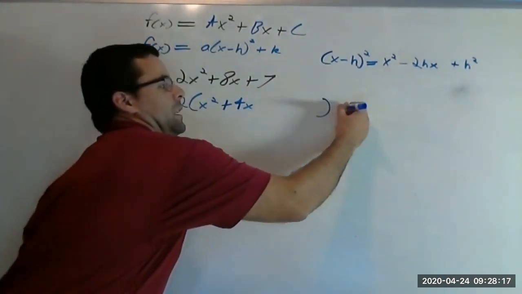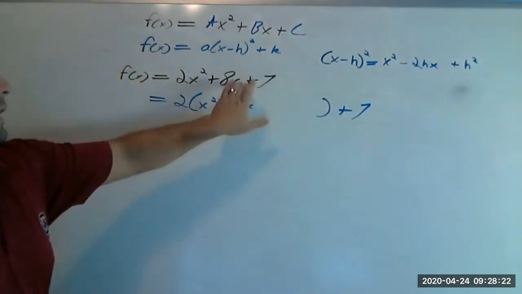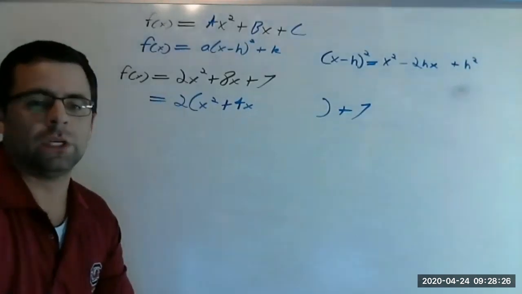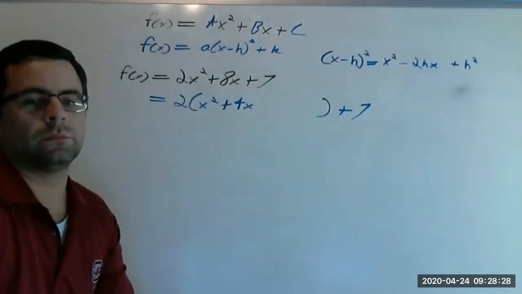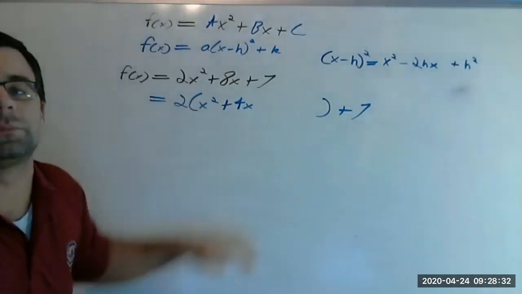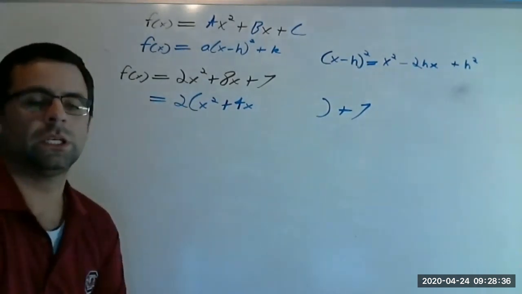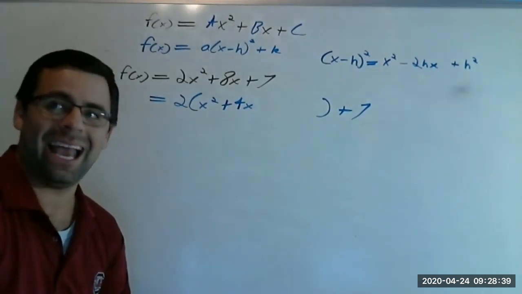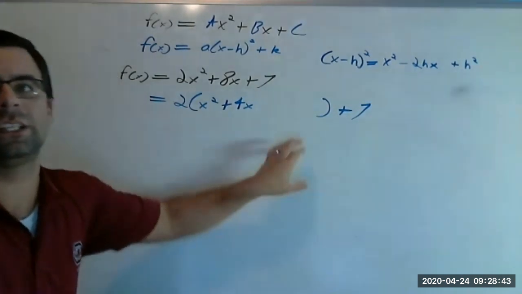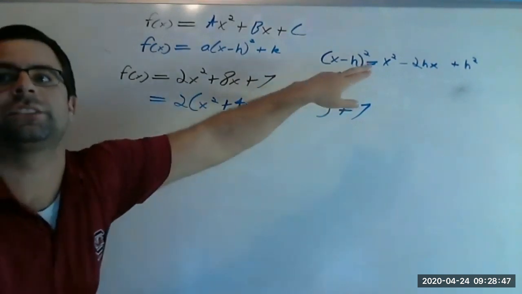And this plus 7 over here immediately jumps out. He doesn't care about the 2. So we're mainly going to be playing with the x's over here. What we need to do is add something onto the end of here so that we can turn it into something that looks like that.